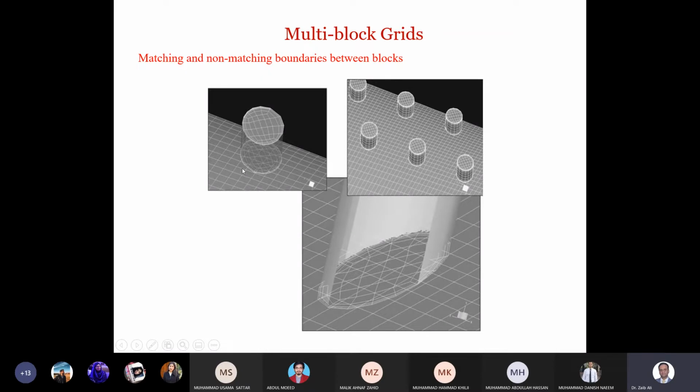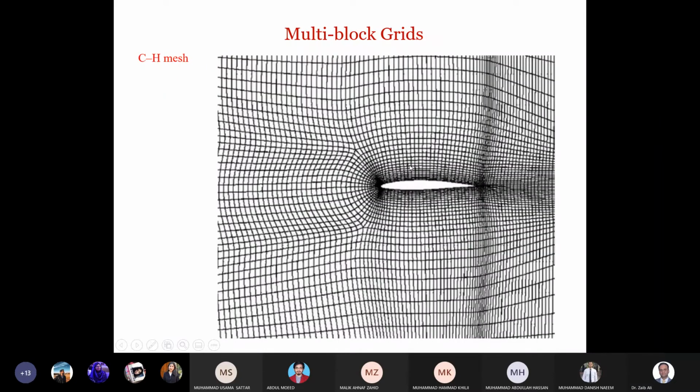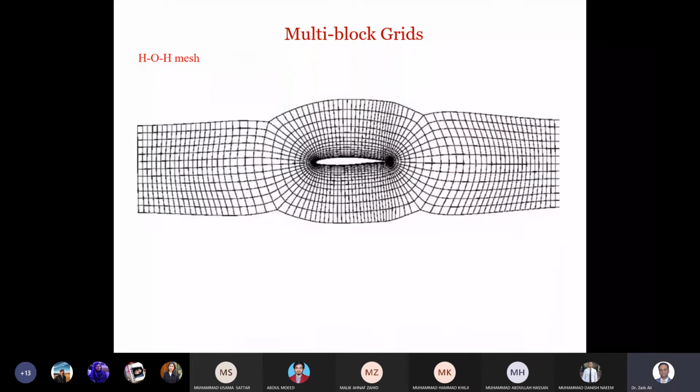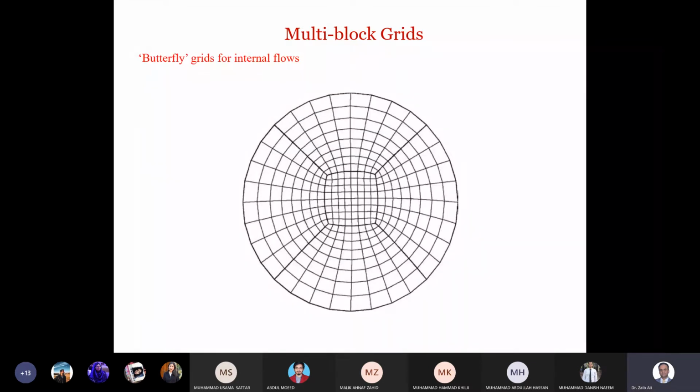Then you have to match or unmatch depending upon the flow solver. So for example, if this is a smaller mesh and this is a bigger mesh, then obviously you will have a non-matching interface. Then you can have a combo of CH mesh, HOH mesh. This is very basic.